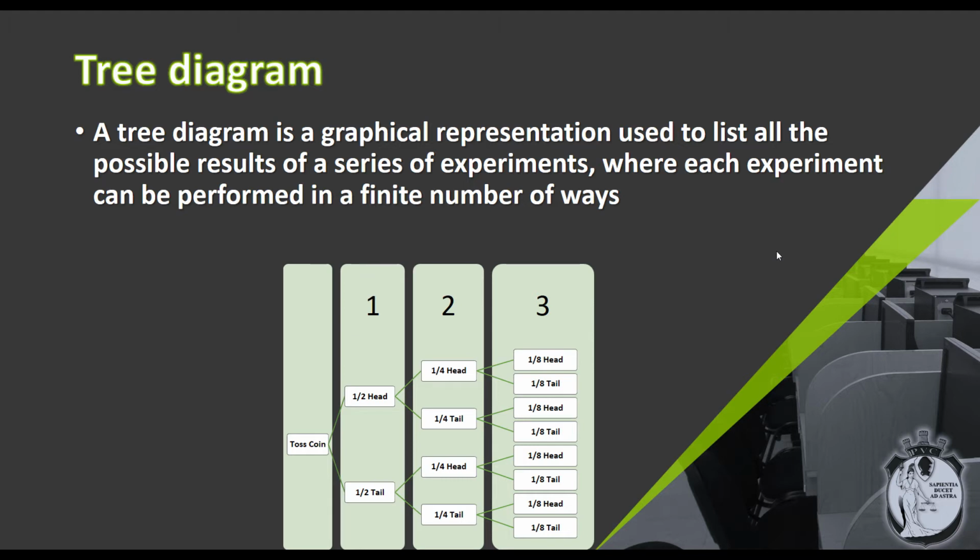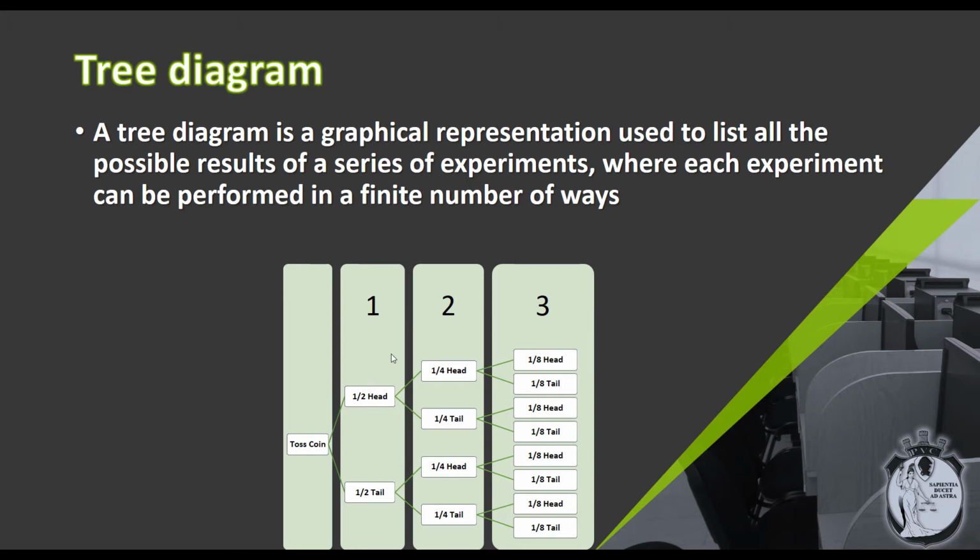For example, when you flip or toss a coin, you have 2 results. You can use the tree diagram when you have two ways of doing something.